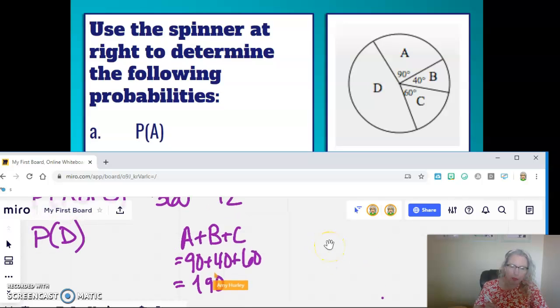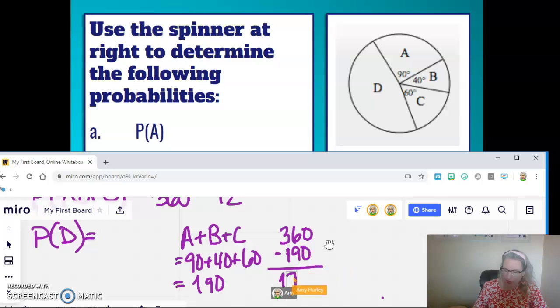Which means the probability of D is going to be not getting those 190 degrees. So if we take that 190 that's A, B, and C away, we get 170, which means D is 170 degrees.